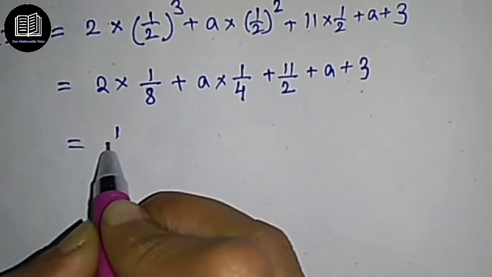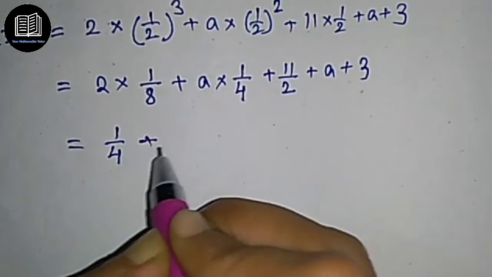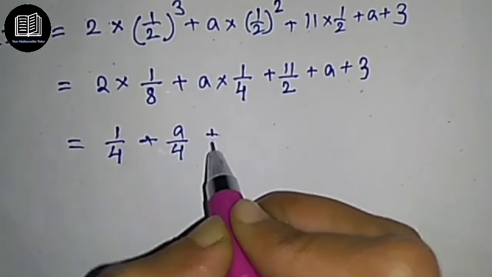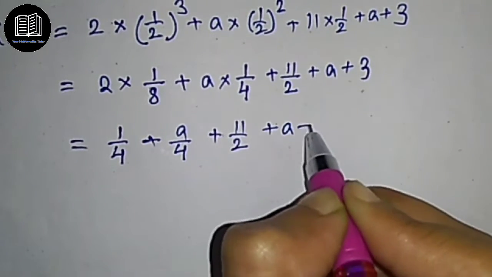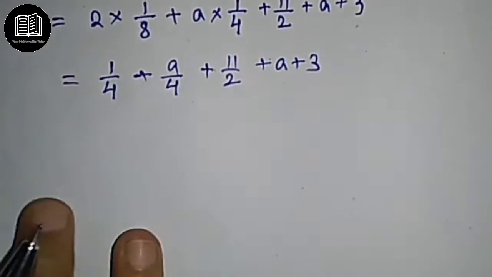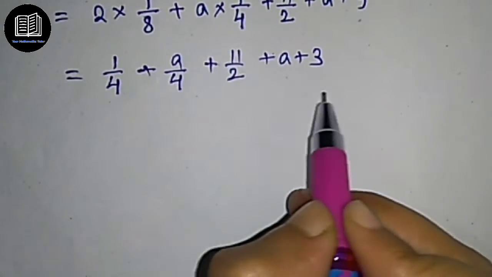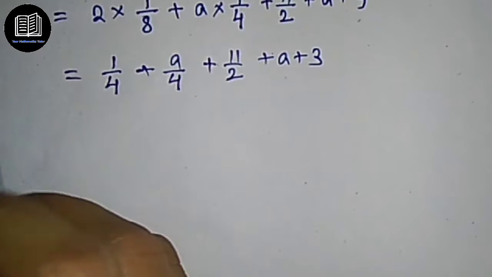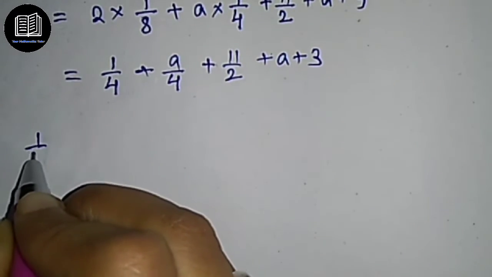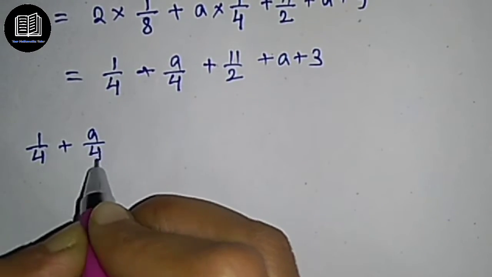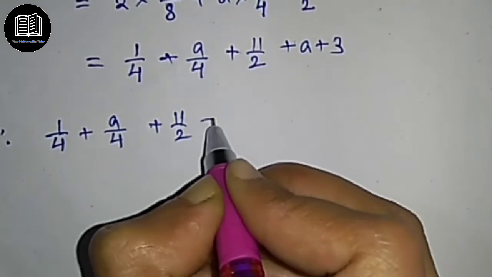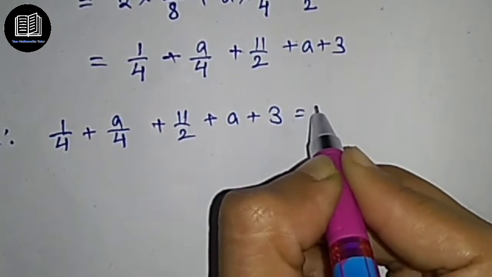To multiply 2 by 1 by 8, that means 1 by 4. This is a by 4 plus 11 by 2 plus a plus 3. Now by factor theorem, this expression must be 0. Therefore, 1 by 4 plus a by 4 plus 11 by 2 plus a plus 3 equals 0.